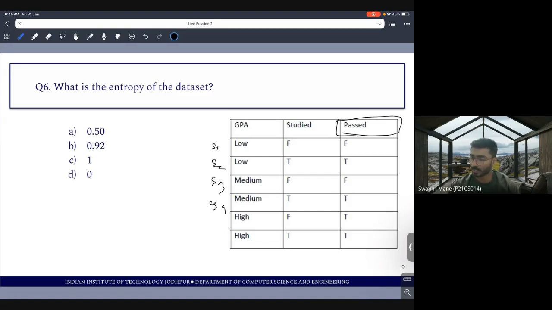For student 1, the GPA is very low, and studied is false, meaning he did not study, and T means he studied for the exam. Based on this, the label is passed or not: F means fail, and T means passed.